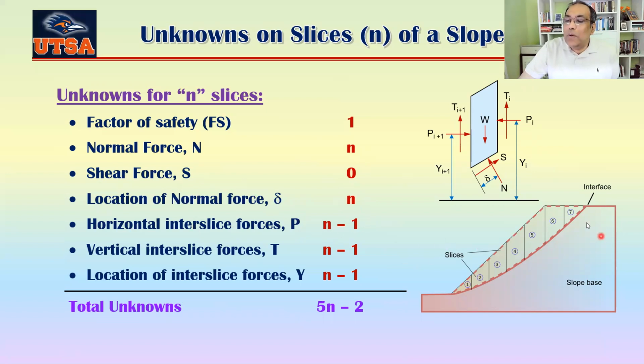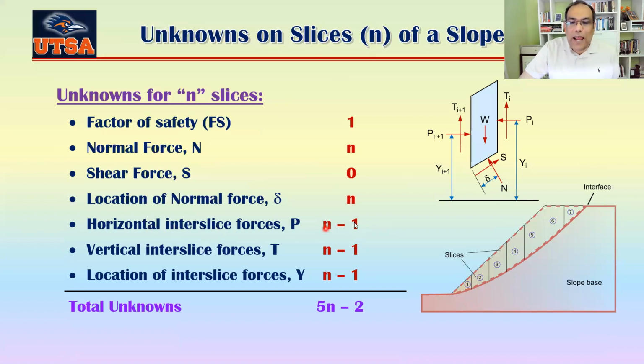Why n minus 1? You can see for this one here, you have an interslice force this way, but you don't have anything here, okay? This one will be balanced by the normal force and shear force here. So you have one less here and one less here. So you have one force here, 2, 3, 4, 5, 6. So for 7 total slices, I have 6 unknown horizontal forces.